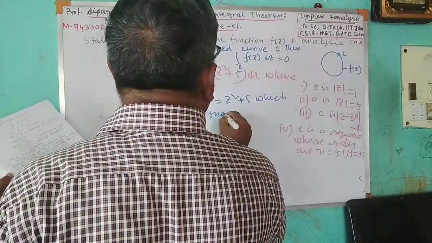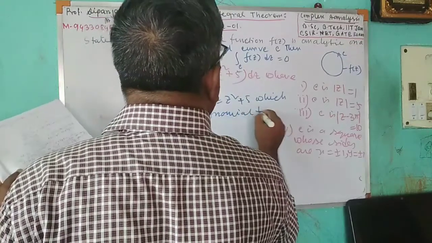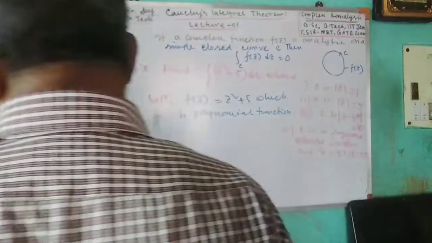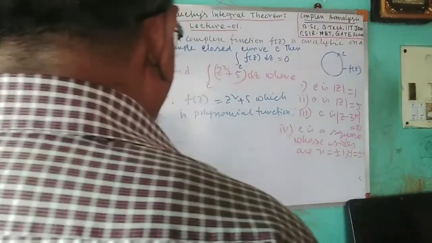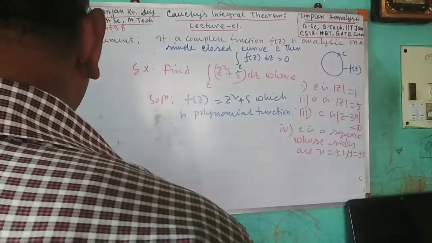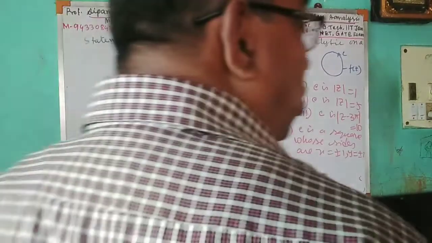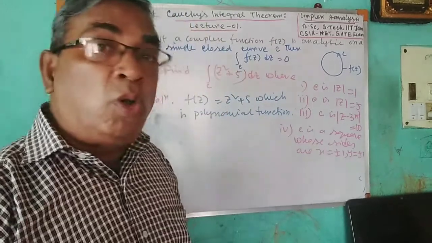As we know, when f(z) is a polynomial function, then it is always analytic.